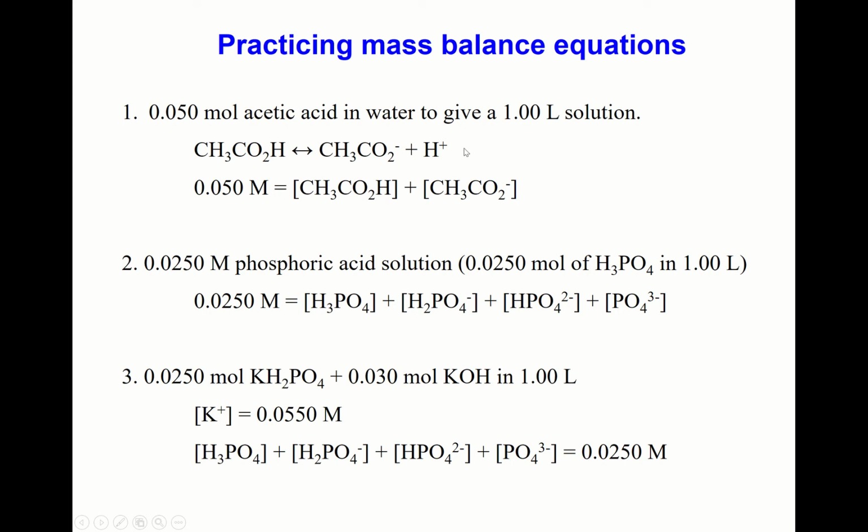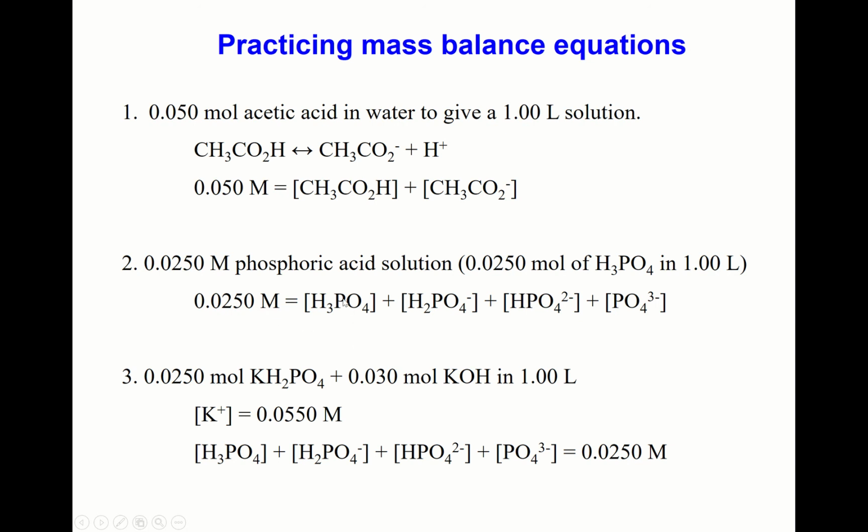And let's keep going. Let's consider 0.025 molar phosphoric acid solution, which means 0.025 mole of this phosphoric acid in 1 liter. So the total concentration of this phosphoric acid is called the analytical concentration, 0.025 molar. What is the contribution?